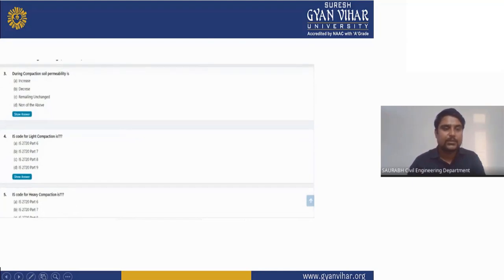Now we come to the third question. The third question is: during compaction, soil permeability is. In this question it is asking, when you do the compaction of your soil sample, what will happen? Permeability of that soil will increase or decrease. One thing you have to remember: permeability is the flowing capacity of water through the soil.